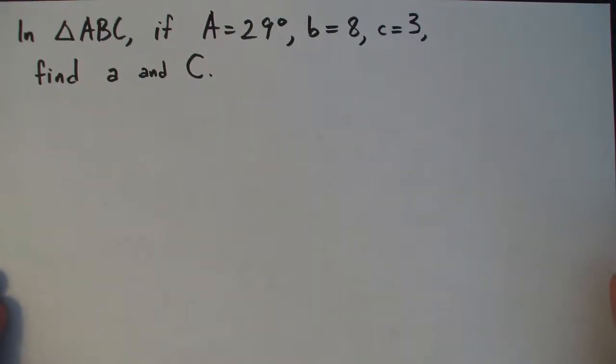In triangle ABC, if angle A is equal to 29 degrees, side B is equal to 8, and side C is equal to 3, find side A and angle C. So in other words, find the missing side and angles. So let's draw a little figure to see what we're dealing with here.